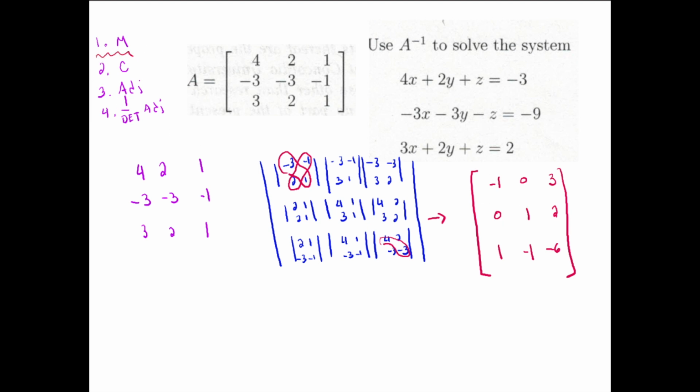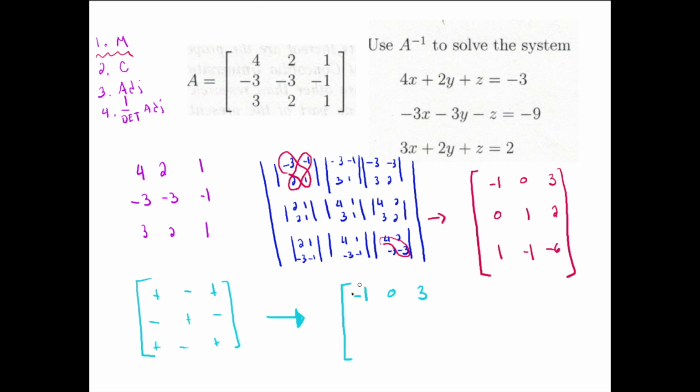Now the next thing we're going to do is multiply our matrix of minors by a matrix with this form. So plus, minus, plus, minus, plus, minus, plus, minus, plus. So what we get is positive 1 times negative 1, which is still negative 1. Negative 1 times 0, which is 0. Positive 1 times 3, which is 3.